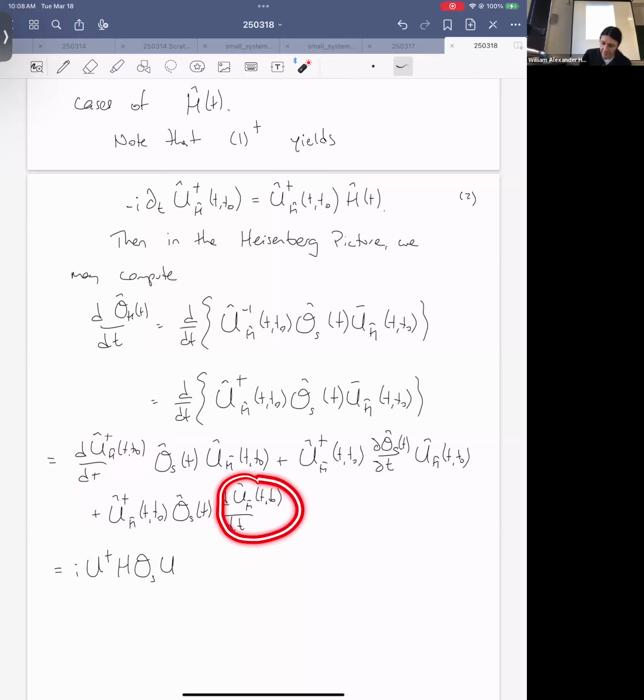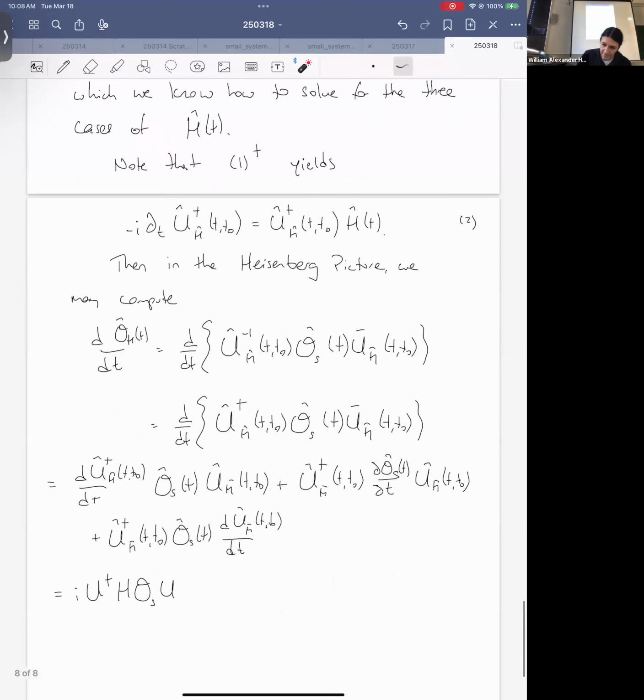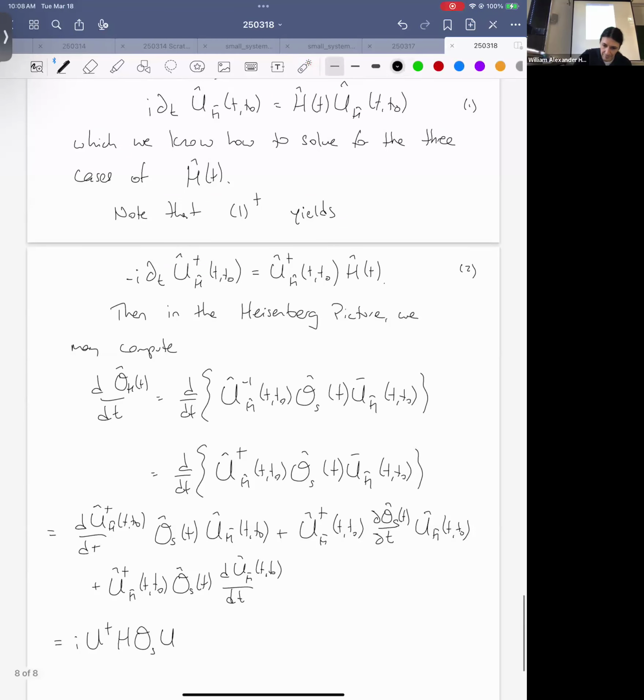I've got the time derivative of my time evolution operator on the right. And so if I look at this, I'm going to get more or less the same thing, but with a minus i and the Hamiltonian popping out to the left. So I get minus i U dagger operator H U, and then plus U dagger partial t operator U.